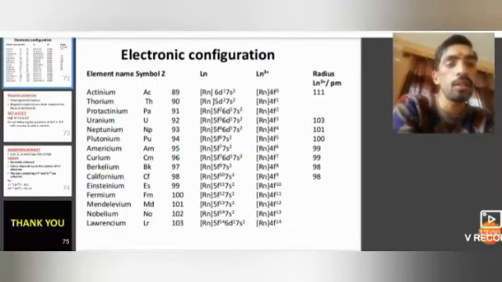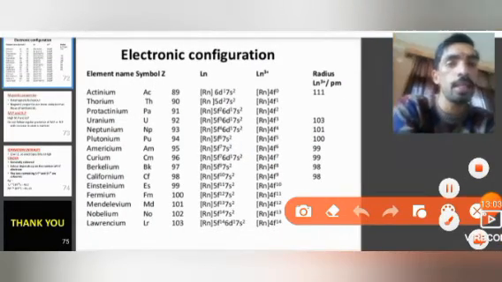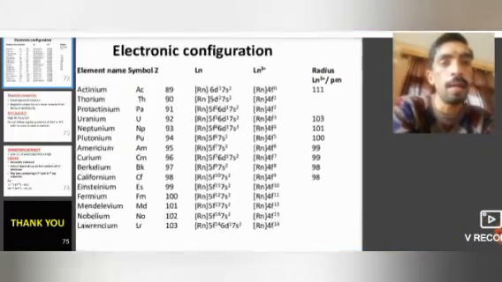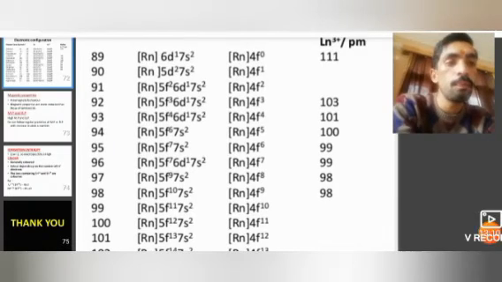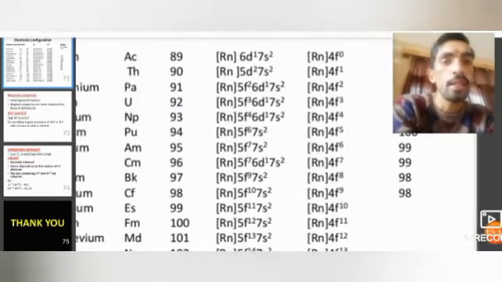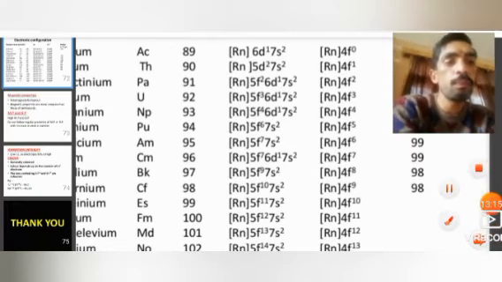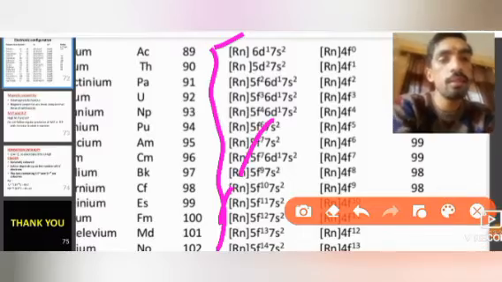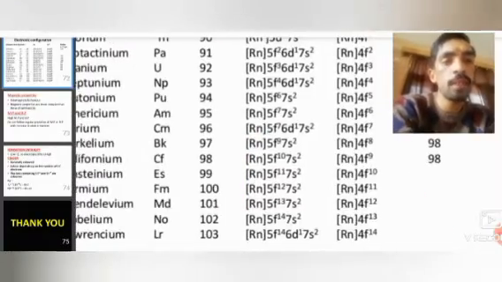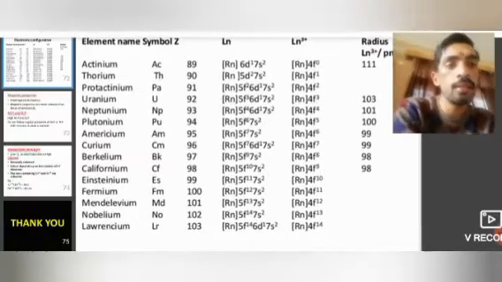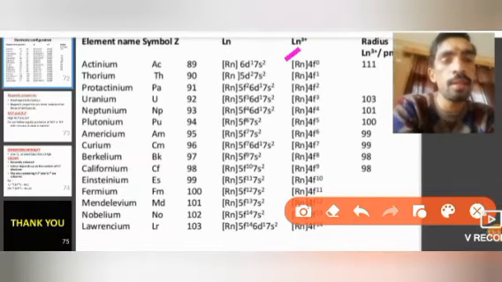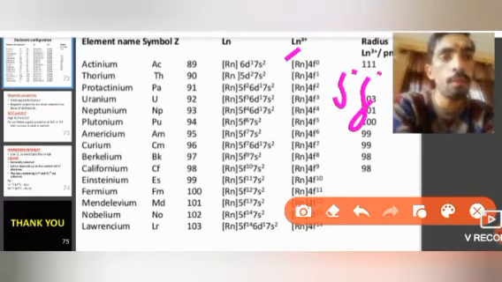If we talk about electron configuration, basically it is 5f. If you see on the screen, the atomic number is from 89 to 103, and the configuration of actinium is 6d1 7s2, meaning 5f0.